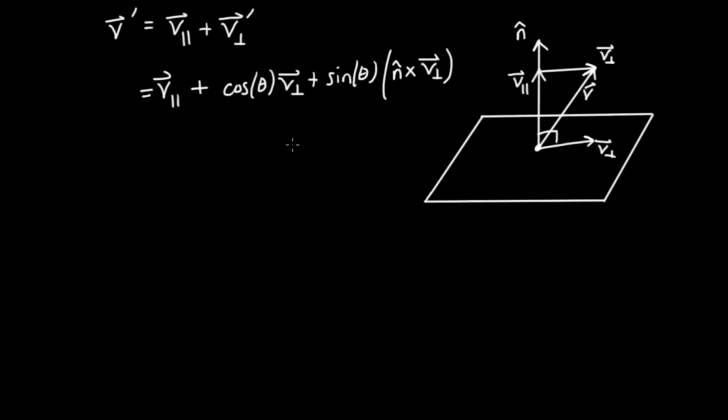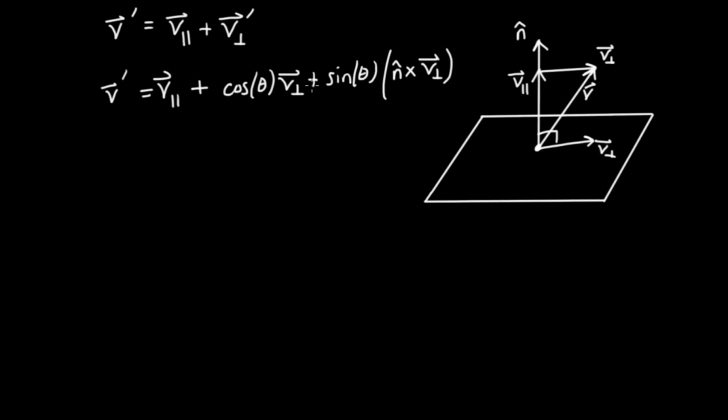Because we know how to do this already. We already know how to rotate a vector, in this case v perp, which is perpendicular to our axis of rotation. So I just plop in v perp instead of just v like we had last time. So that's all equal to v prime.